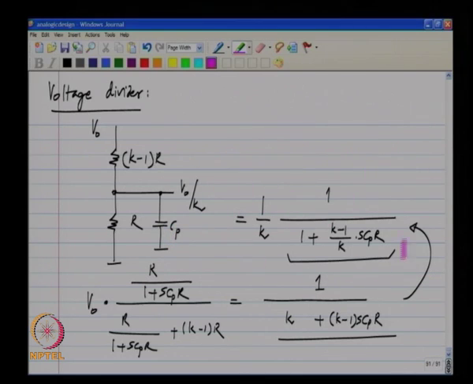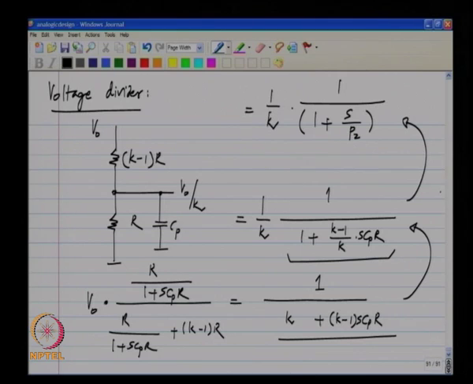So, this is the transfer function of the voltage divider, and I will rewrite this as 1 by k, which is the ideal value, times some transfer function that contains a single pole. I will denote that P2.